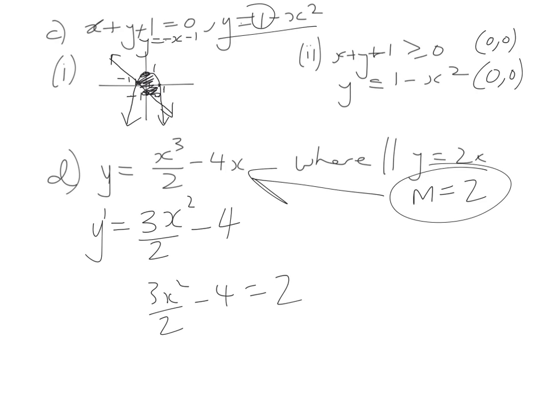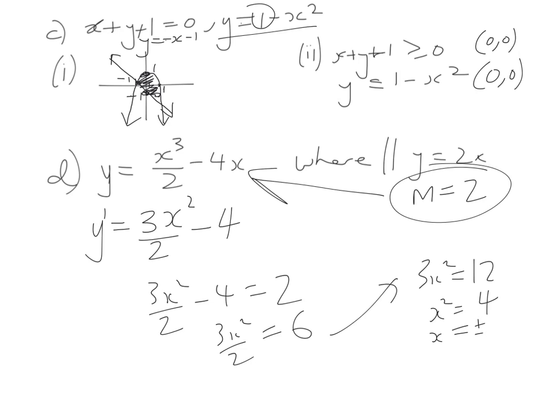Now this has to equal a gradient of 2. So we get 3x squared over 2, add 4 to both sides, we get 6. Times by 2 both sides, we get 3x squared equals 12. Divide by 3, we get x squared equals 4. Square root, we get positive and negative 2.